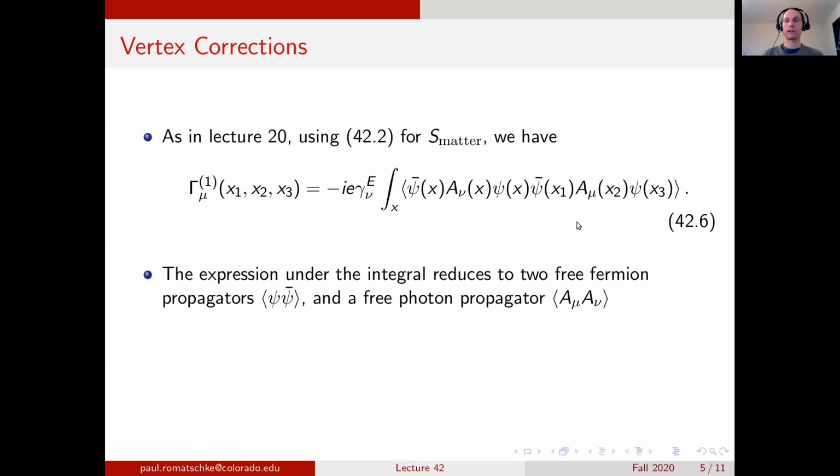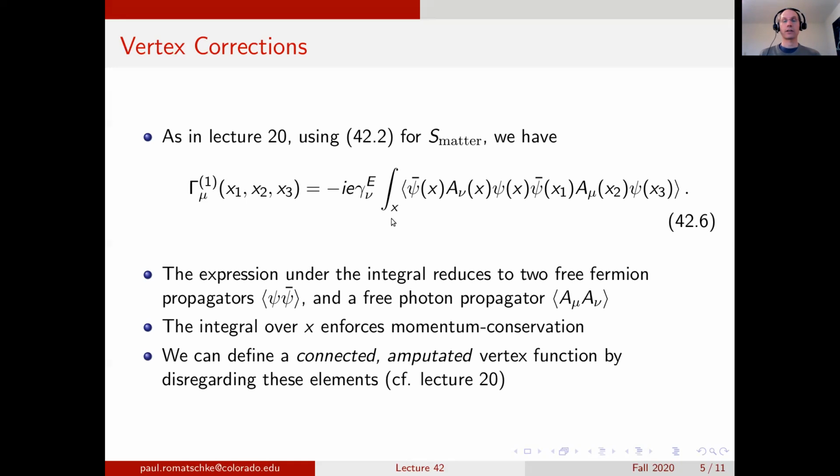And in particular, we will recognize 2-point functions that for the fermions give us the electron propagator, which is always of the form psi psi bar, or the photon propagator, which is a 2-point function of the gauge field A, so for instance, A mu, A nu. The integral over x then will enforce total momentum conservation at the vertex.